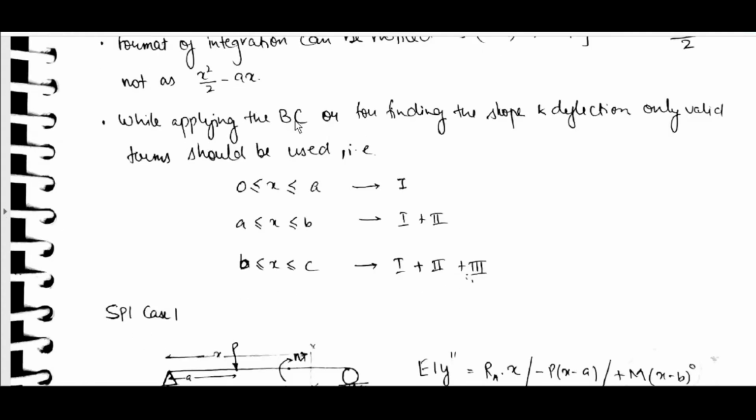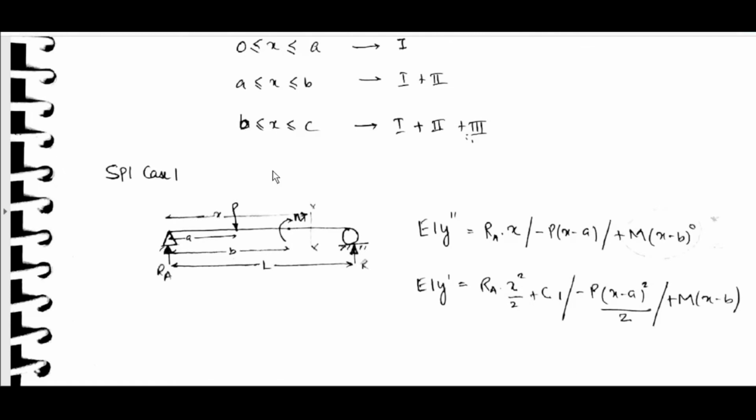While applying the boundary condition or finding slope and deflection, only valid terms should be used. That is, 0 less than or equal to x less than or equal to a, then only the first term should be used. A less than or equal to x less than or equal to b, then the first and second terms should be used. B less than or equal to x less than or equal to c, then all three terms should be used.